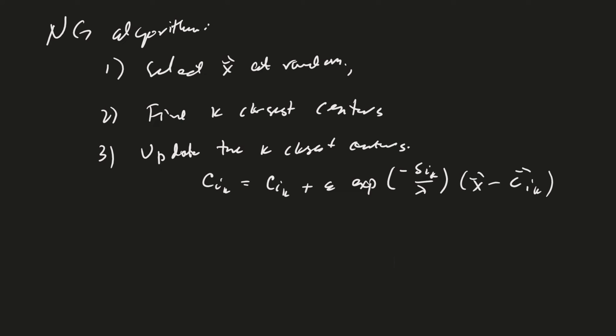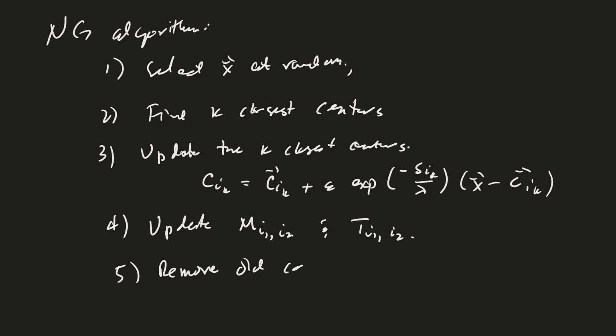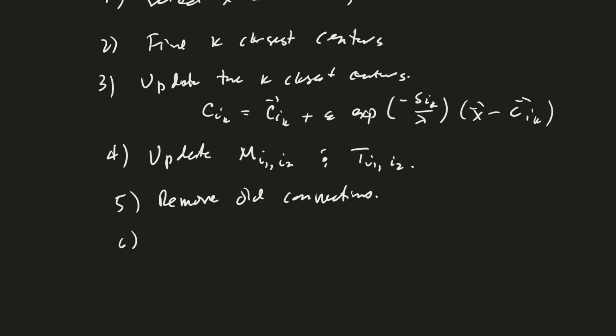These are vectors, by the way, right? Good. And then we update the connection and time matrix. This will be between I1 and I2, right? And then we remove old connections. And then we repeat. I should say, at some point we're going to have to update our parameters.